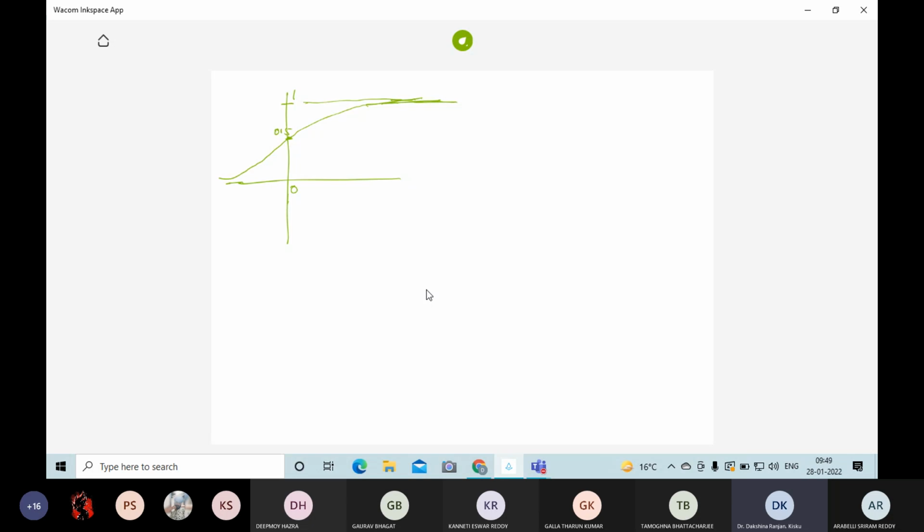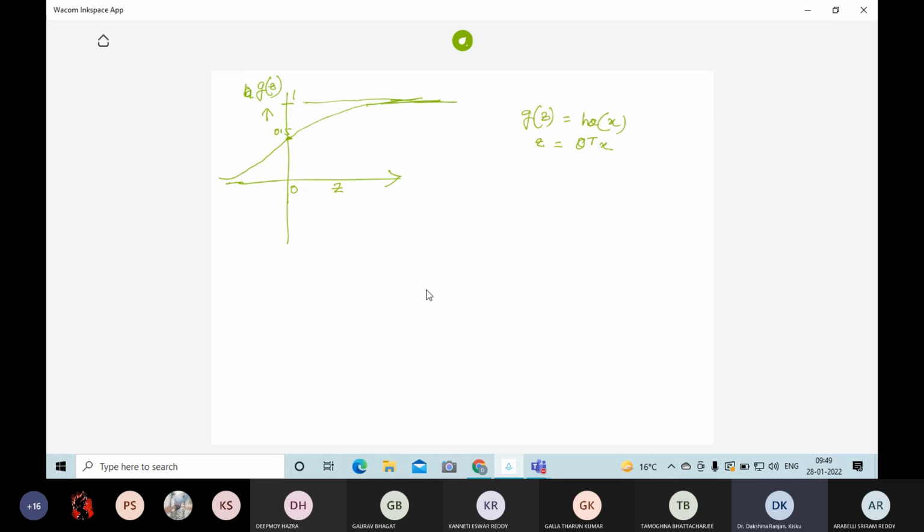Okay, and on the negative side, if we consider this is our z and this is our g of z, then g of z is equivalent to h theta x, and z is equivalent to theta transpose x.